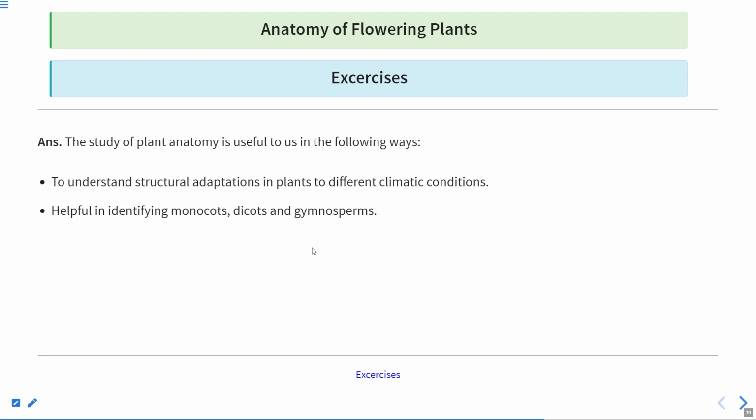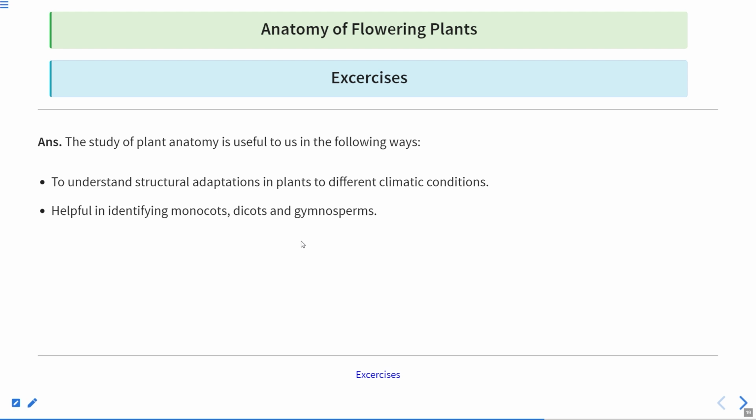Second point, helpful in identifying monocots, dicots, and gymnosperms. If you know the anatomy, you can see the internal structure of the plant, and you can say that this particular plant is a monocot. If you see a different type of anatomical structure, as in the case of a dicot stem or root, you can say that this is a dicot plant.